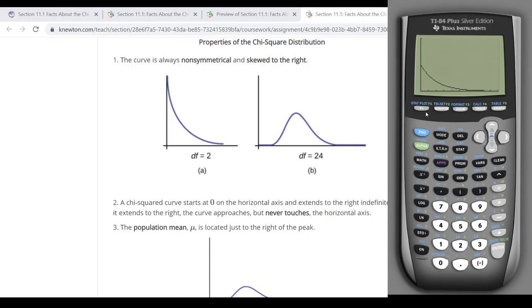And then I'll change it up. Y equals, let's just change this number of degrees of freedom to 24. And again, I'll change the window, because now the mean is going to be at 24. So I'll go out, and the standard deviation will be the square root of 48, which will be close to 7. So I'll go out to say 40.